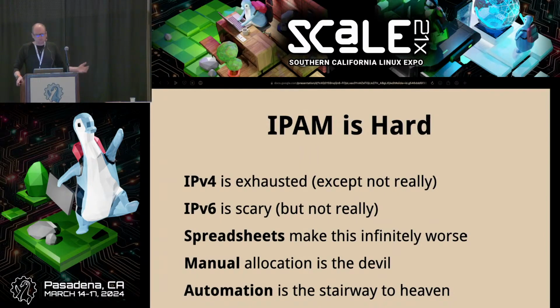And the problem with spreadsheets is that they're free form, and you can put anything and everything in there, and that's usually the problem, is that people are bad at being consistent. Programs and software are great at being consistent. So therefore, one of the themes here that I'm driving in is manual allocation is the devil, but automation will set you free and provide a stairway to heaven.